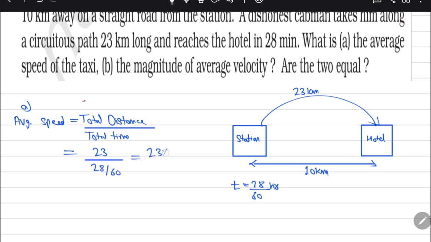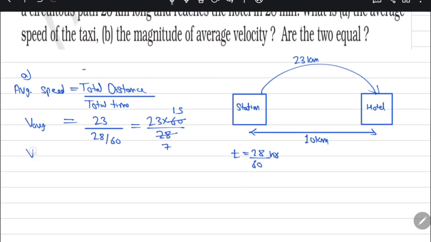So that comes out to be 23 into 60 divided by 28. So average speed comes out to be 23 into 15 divided by 7. If you find this, 23 into 15 and then divided by 7, the average speed comes out to be 49.28 kilometer per hour.